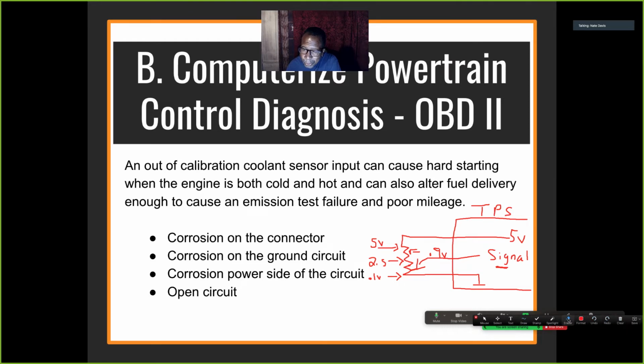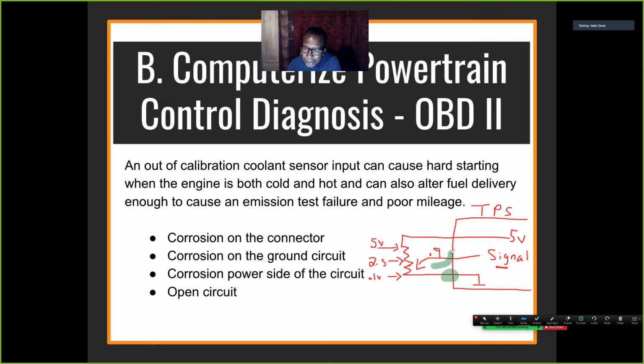Now, the question on the ASE test sometimes they ask, I'm going to redo this. Let's say on this connector, we had corrosion on the ground side of this circuit.